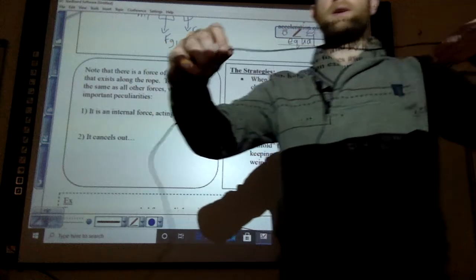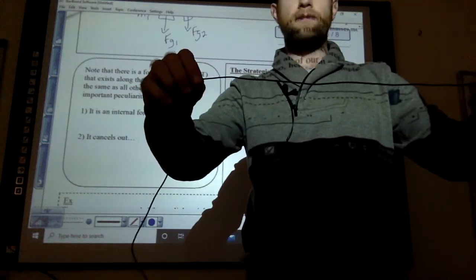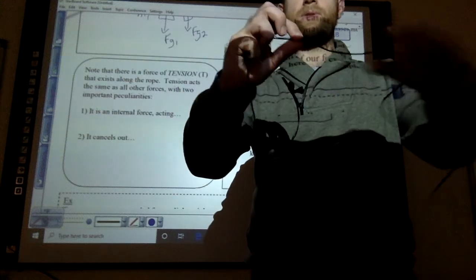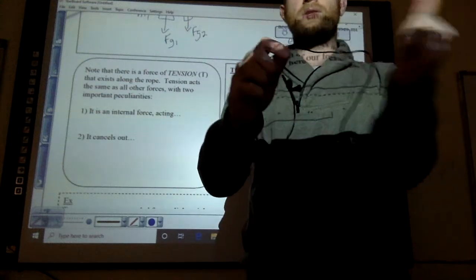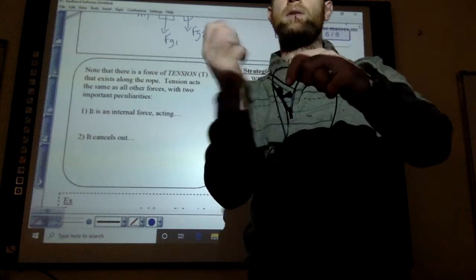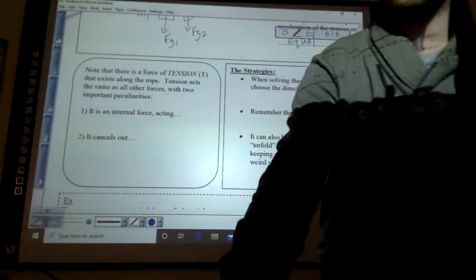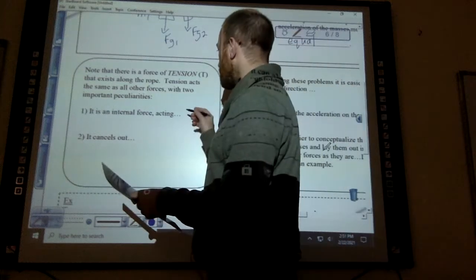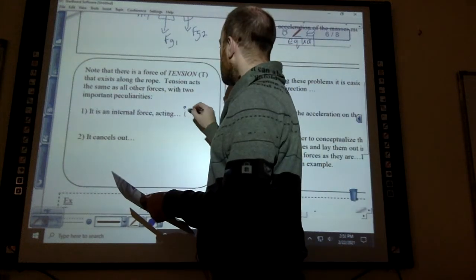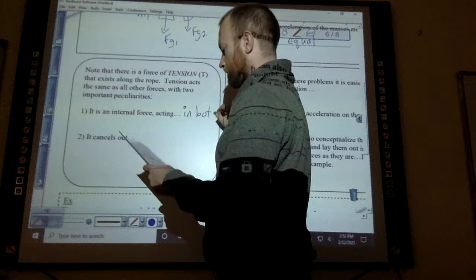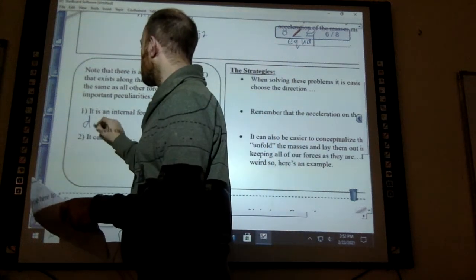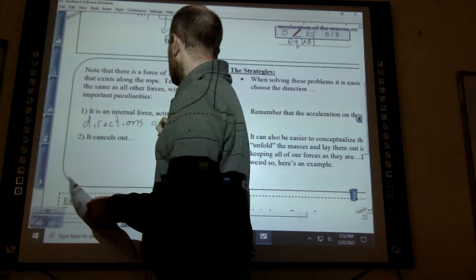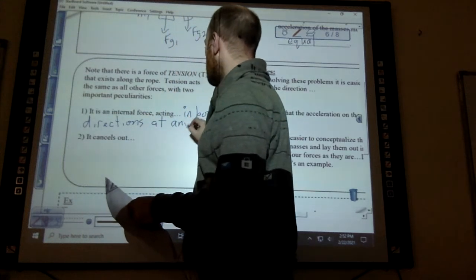So if I take my wire here, anywhere on this wire, there's an equal force pushing in either direction. So if I take a look at this specific point, tension's pulling this way, tension's pulling this way. Same with this point over here, pulling in both directions, as long as the rope is fully tight. So internal force acting in both directions at any point in the rope.